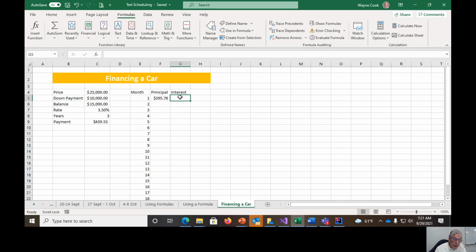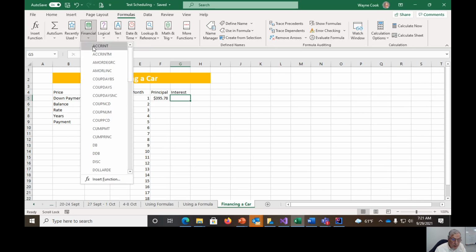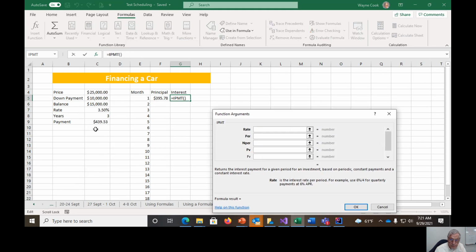And then interest is very similar, except it's IPMT for interest. Then the rate, again, is the rate divided by 12, period, again, is E5.